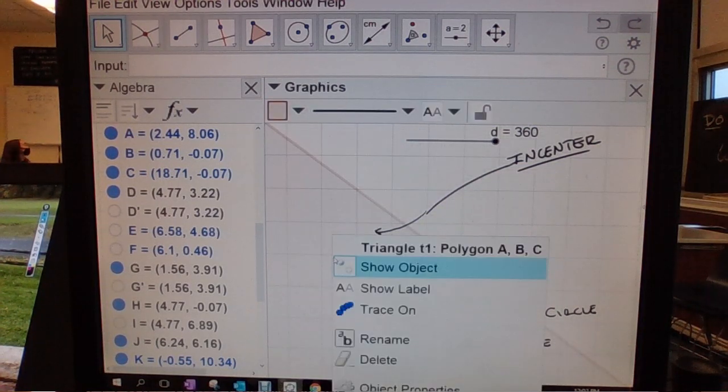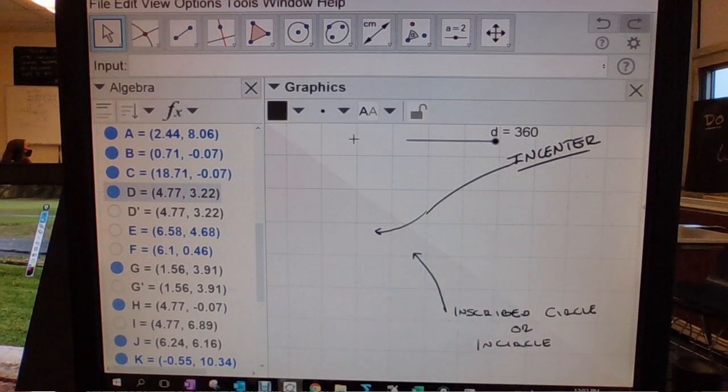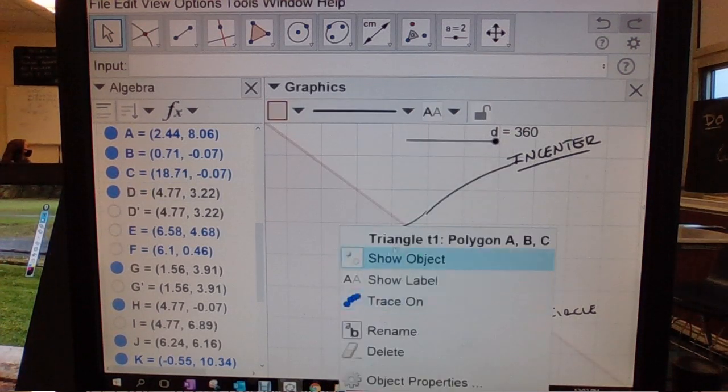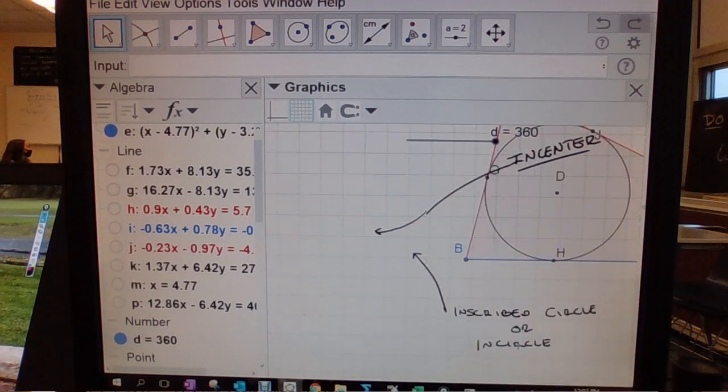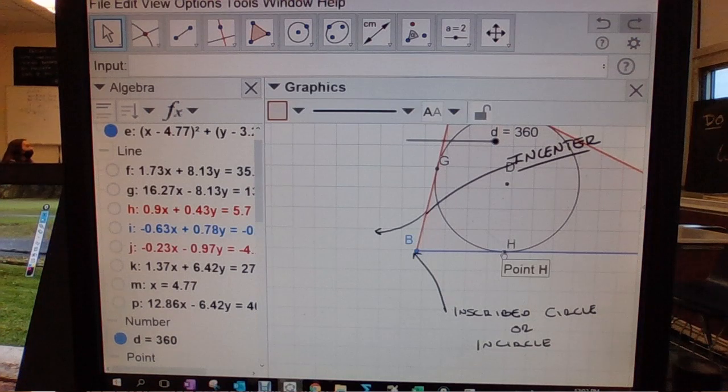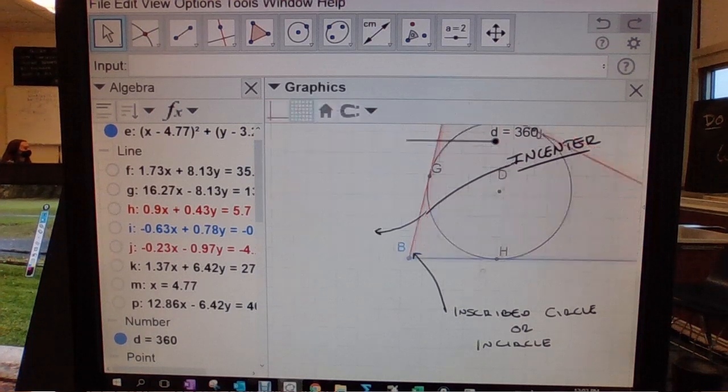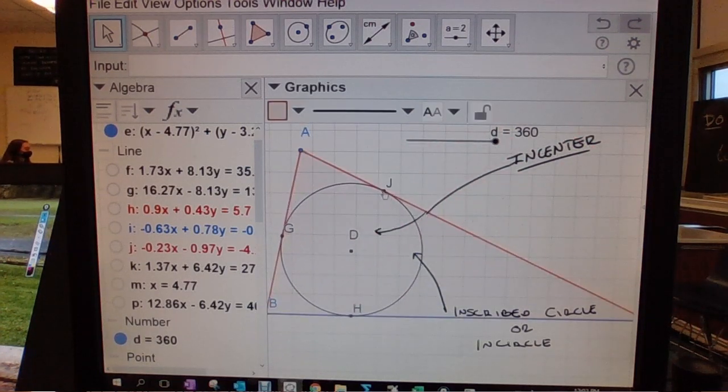But if I keep zooming in on there, you're going to find out, if we had the power, that there is a separation between the blue segment and the black circle. Okay? But if I zoom in strictly on H, they're shared. Does that make sense? That is the same point on the blue and on the circle. Same thing with J up here. Same thing with G. Okay.